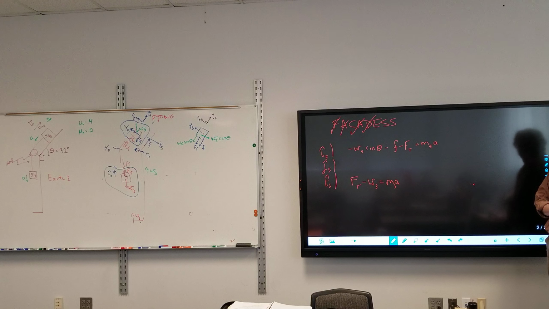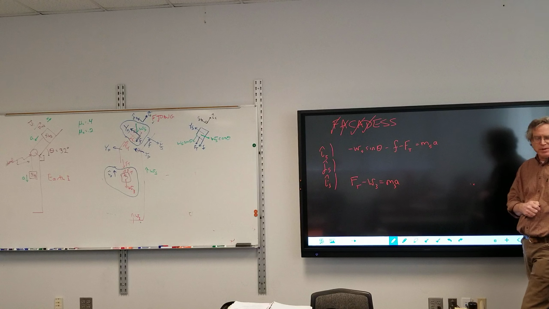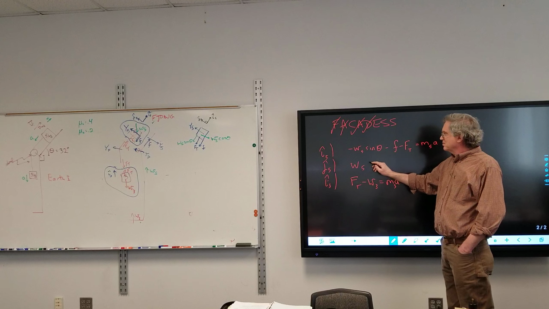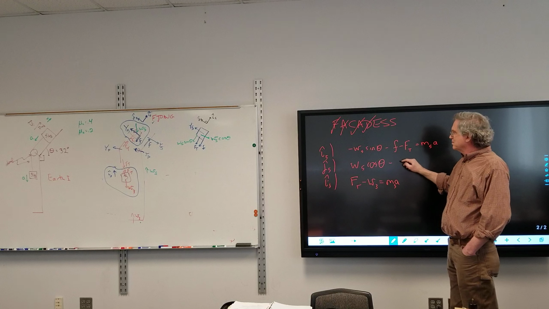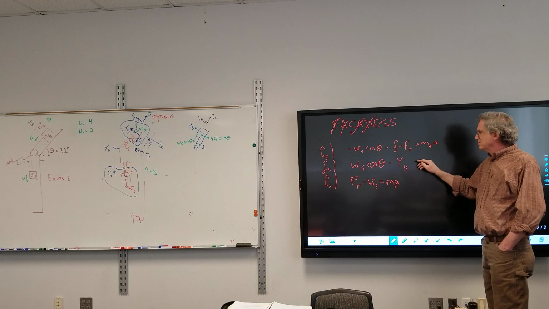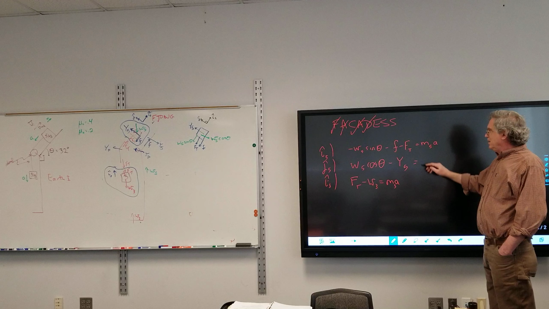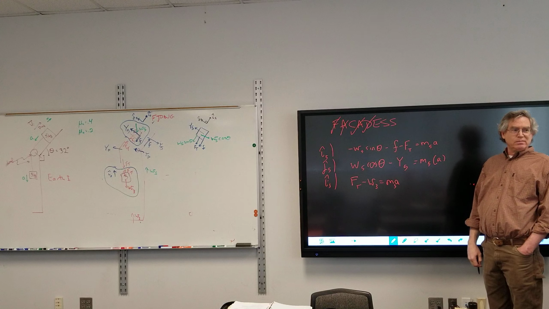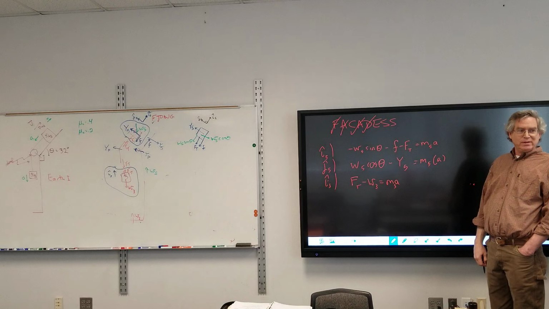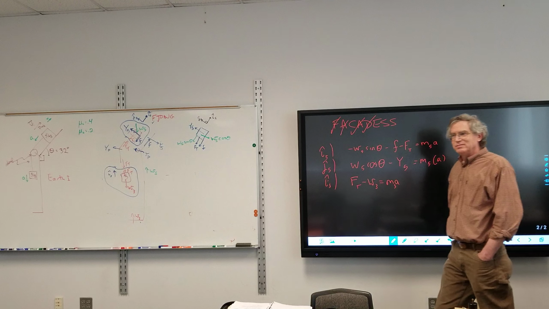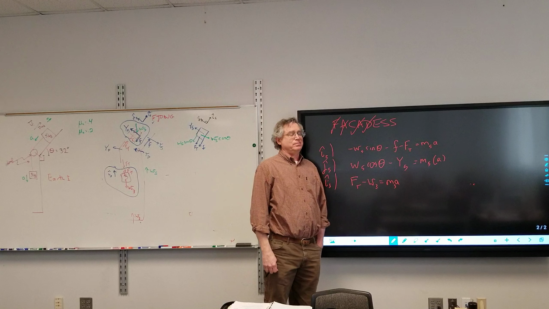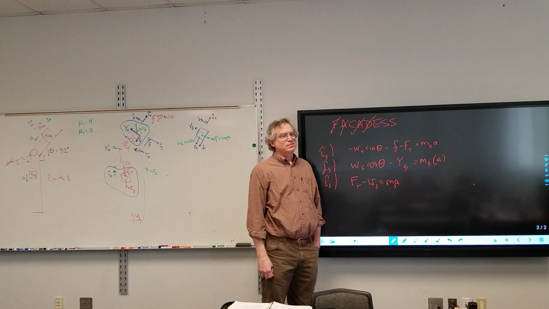One more equation to go. Dominic? 0.5 cosine minus the normal force y5 is equal to m5a. Is that what you said? I heard it correctly, right? Yes. Two issues. I think the right side of the equation is wrong. That is correct. I just don't know what it is.